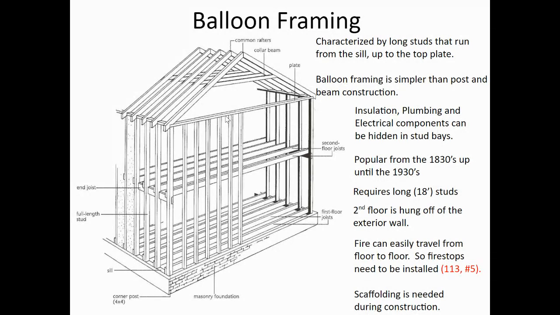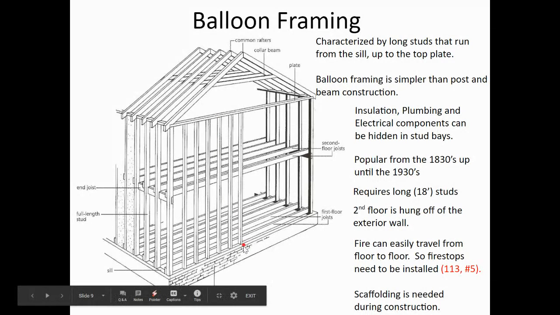The next day on the TV news, the fire chief will say, "Oh, it was a really difficult fire to fight because it's a balloon frame structure," and he's right. So back in the day, this right here is a stud. This stud went from the top of the foundation all the way up to the roof.